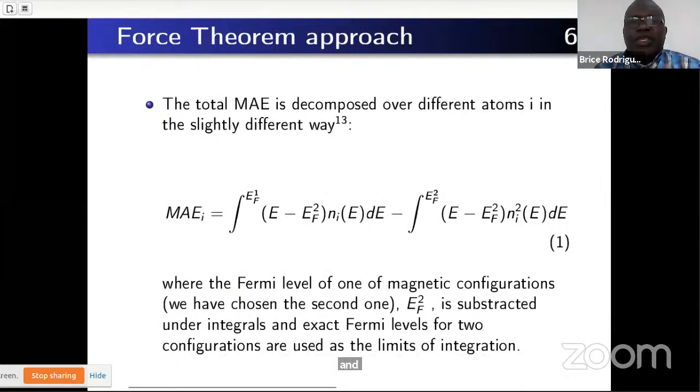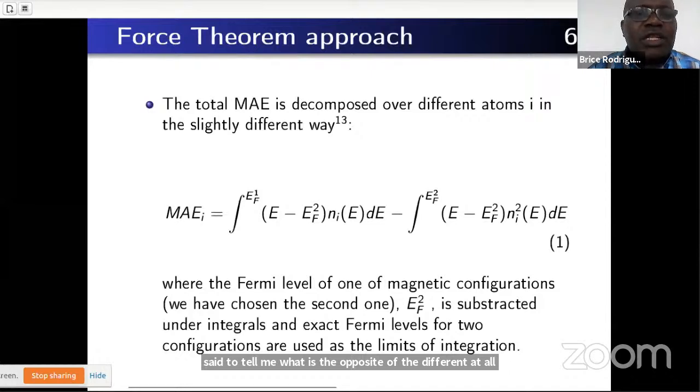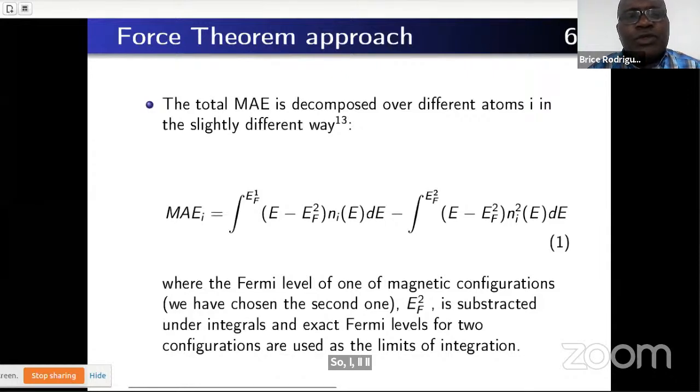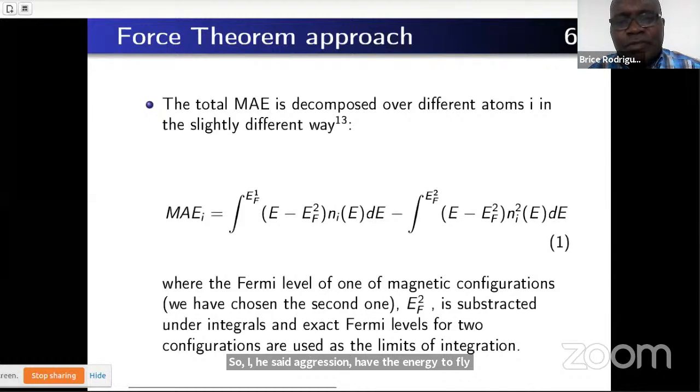The total MAE is the composite over the different atoms i in a slightly different way. So the MAE equals the integration of the energy multiplied by the density, integrated over the energy.